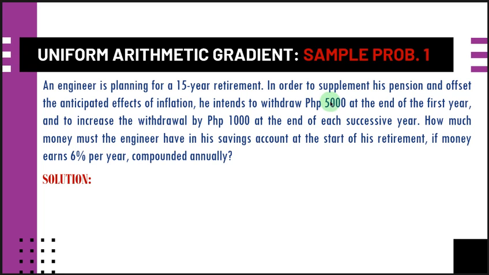And our uniform gradient, since the withdrawal increases by 1,000 pesos at the end of each successive year, is simply equal to 1,000 pesos. We also have 6% as our I. The requirement here is how much money must the engineer have in his savings account, which refers to the variable P.